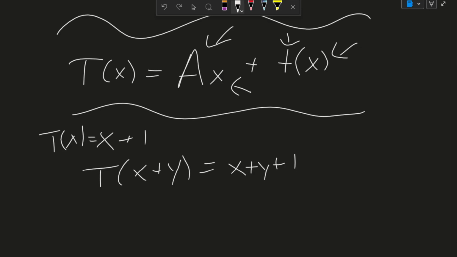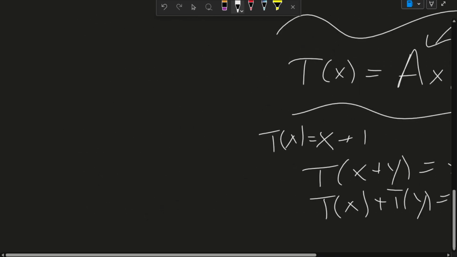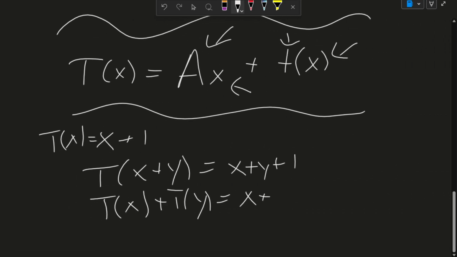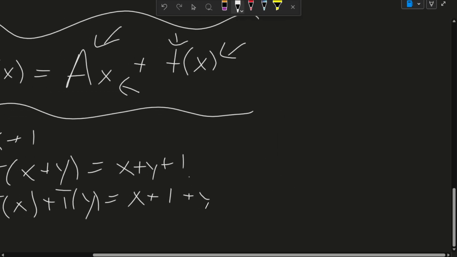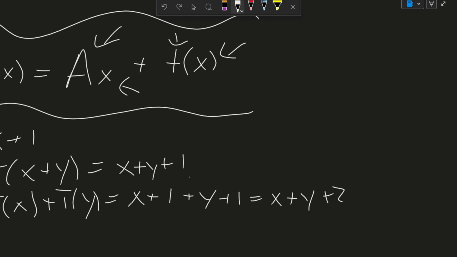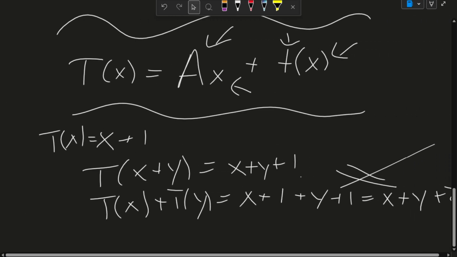And we want this to equal t of x plus t of y if we want this to be linear. But that's x plus 1 plus y plus 1, which is x plus y plus 2, right? And so these two are not equal. So this is not linear.